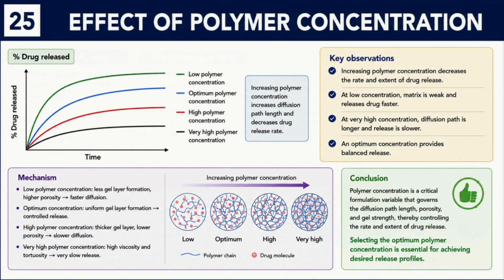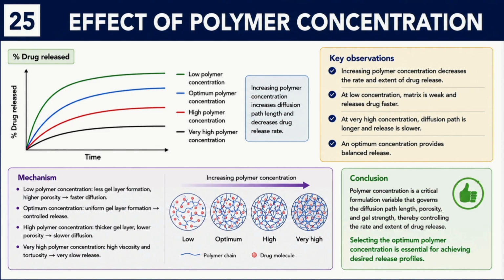So effect of the polymer concentration. The polymer concentration is one of the most important formulation variables here. So if you increase the concentration of a hydrophilic polymer such as HPMC, the hydrated gel layer generally becomes thicker and provides greater resistance to drug diffusion. Consequently, the drug release rate may decrease here.